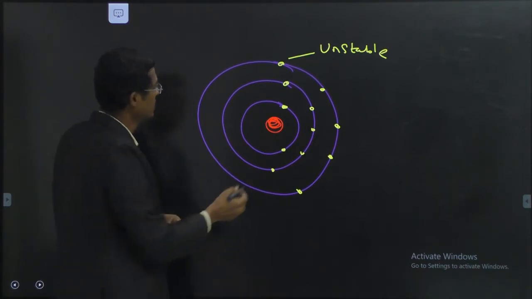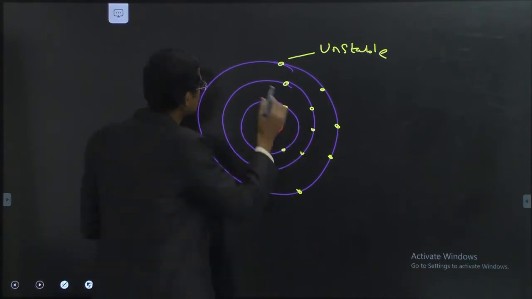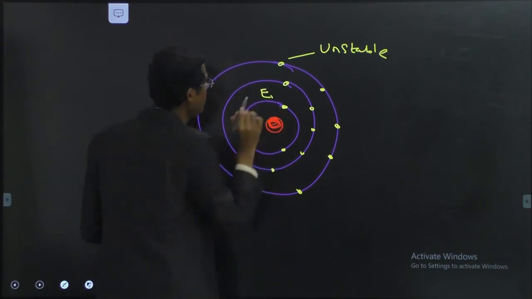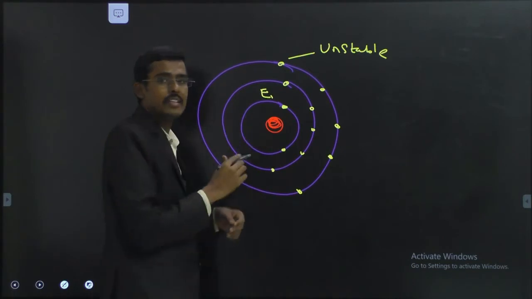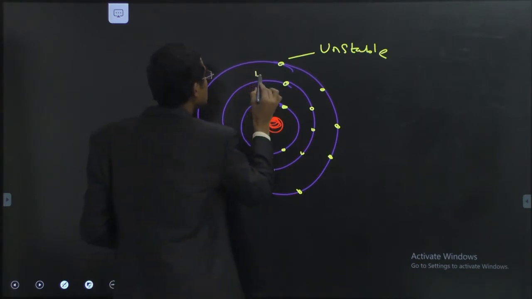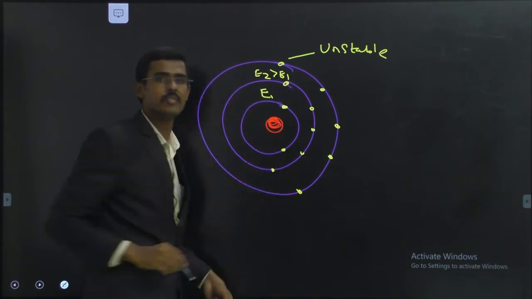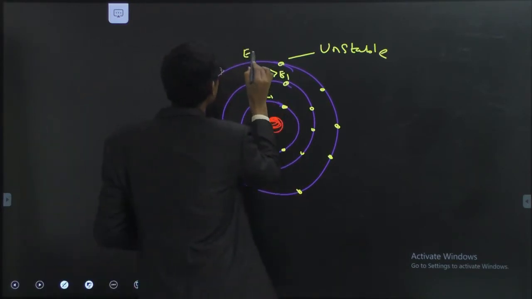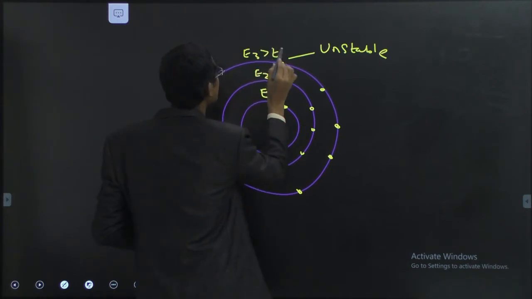So the inner shell contains the energy E1, the next one has higher energy E2, greater than E1, and the outermost shell contains E3, greater than E2.